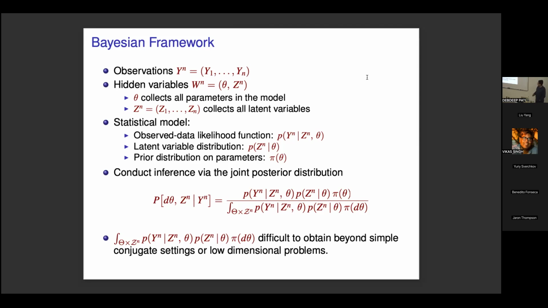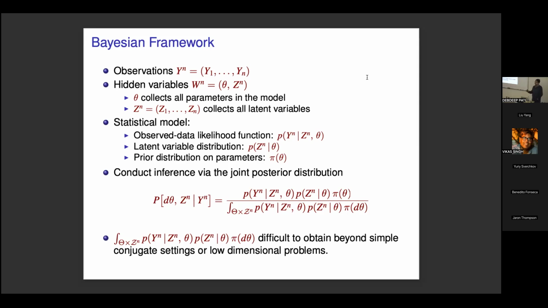So we then postulate a statistical model by first prescribing the observed data likelihood, which is the conditional distribution of your observables given the latent variables and the parameter of interest, and then prescribing the latent variable distribution given the parameters, and finally a Bayesian would conduct inference by placing a prior distribution on the unknown parameters theta.